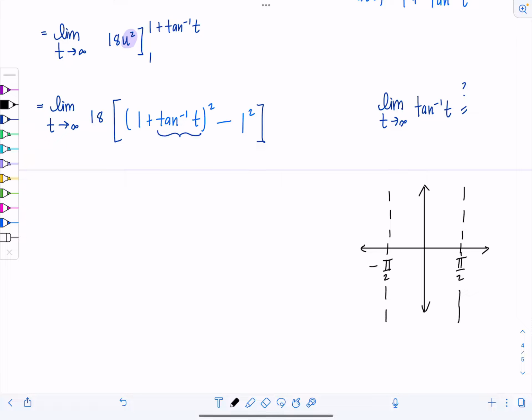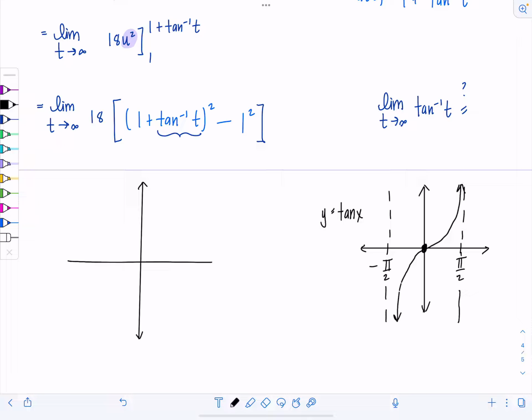Asymptotes at pi over 2, negative pi over 2, goes through 0, 0, kind of looks like x cubed, okay? This is regular y equals tangent of x. That's just one period. It keeps repeating every pi. Tan inverse, remember when you find an inverse function, you interchange x and y.